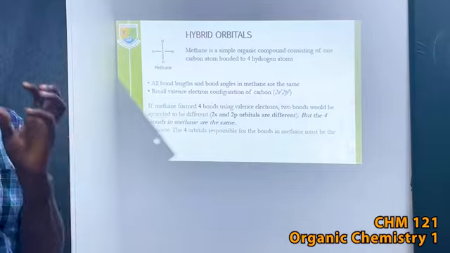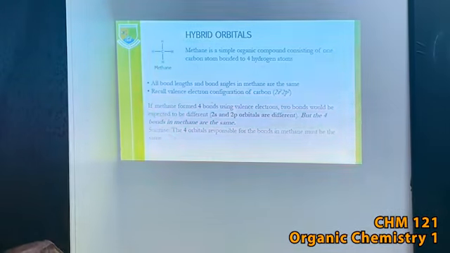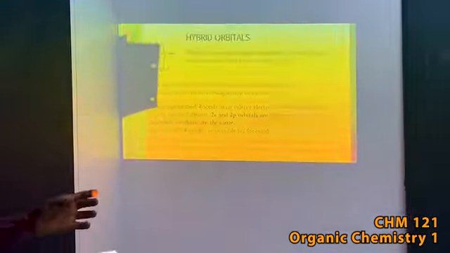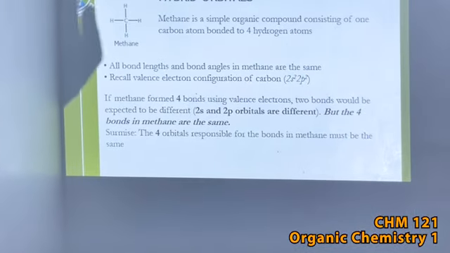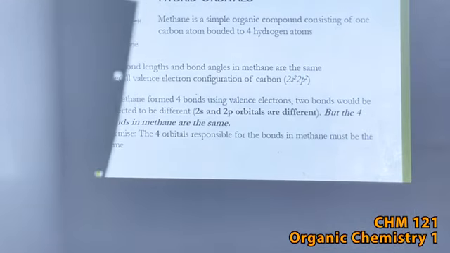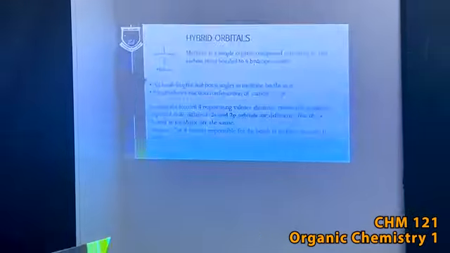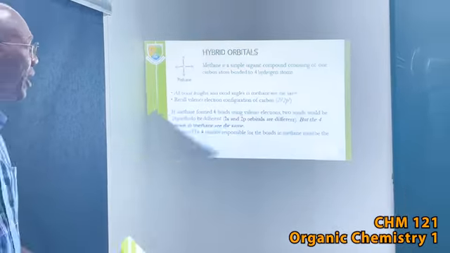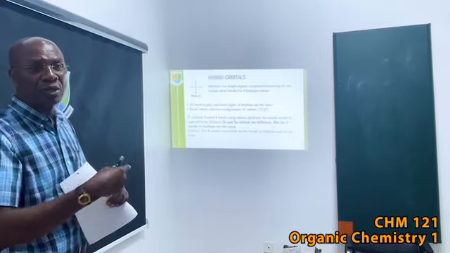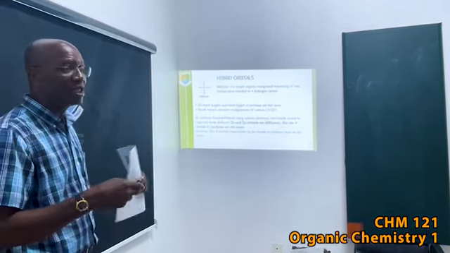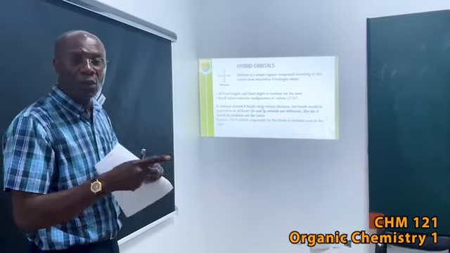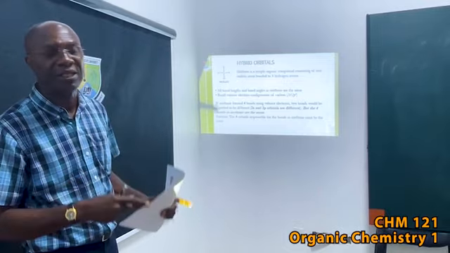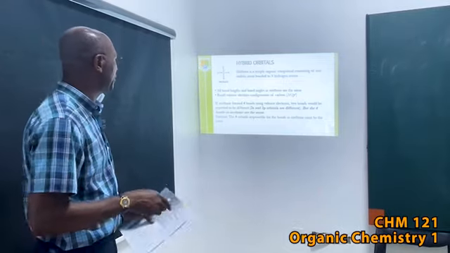It means we have one s orbital and 2 p orbitals. And the s orbital, as we discussed, is spherical, whereas the p orbital is directional in dumbbell shape. And so if these orbitals were to be involved in the bonding, we don't expect that all the bond lengths and angles should be the same because we're using different orbitals for that purpose.